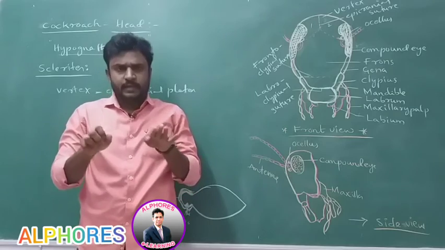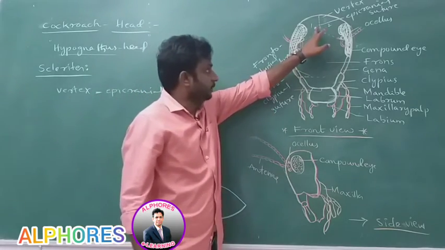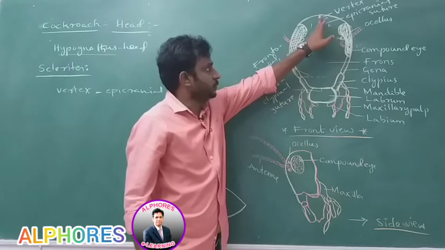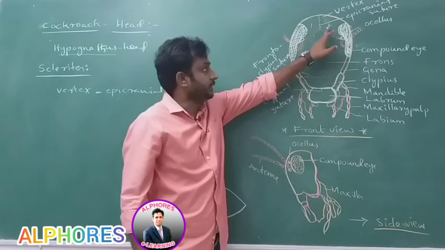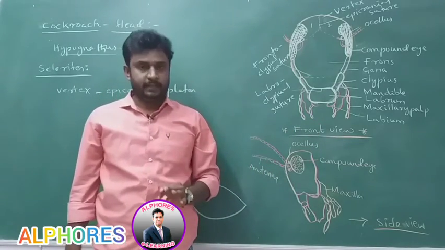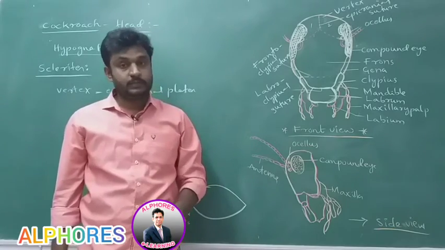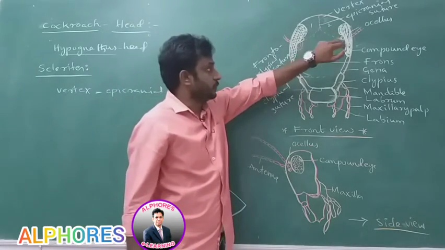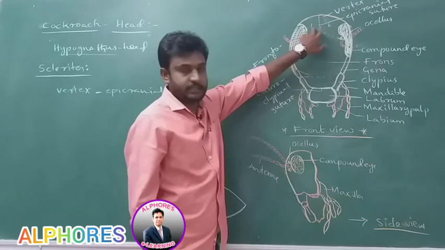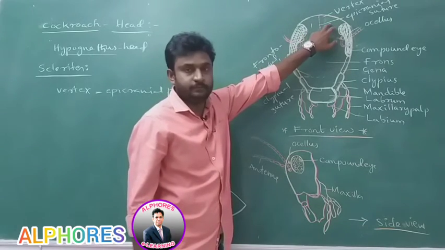These two epicranial plates are connected by a suture. Suture means an immovable joint. So one suture connects the two plates, and its name is the epicranial suture.